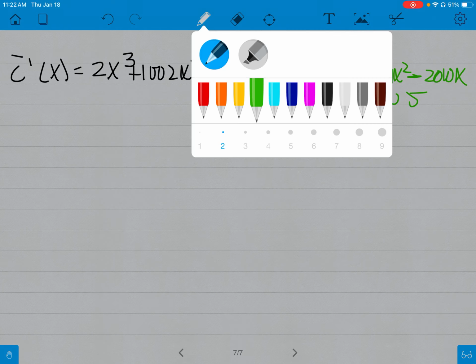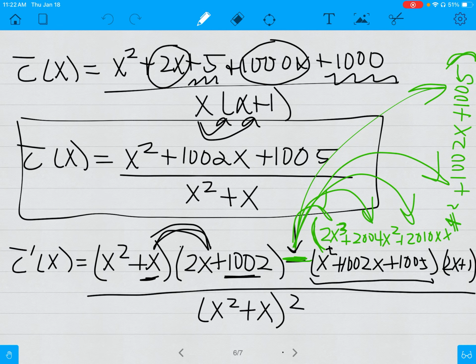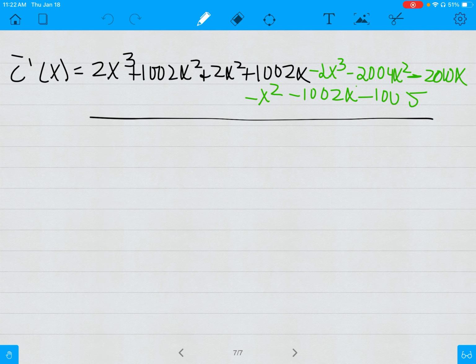Okay, so that's all of that. Goodness. And then we're dividing by x squared plus x, quantity squared. Whew. Deep breath, right? That was a lot of stuff.